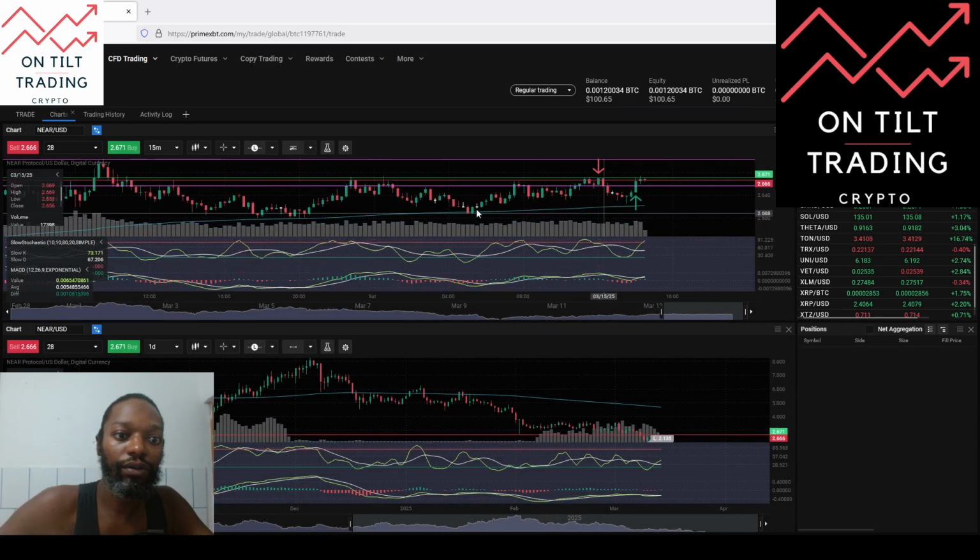So Near Protocol was trading this afternoon near R3. And you can see here on the daily, this being the 200 EMA, that Near Protocol is well below the 200 EMA.